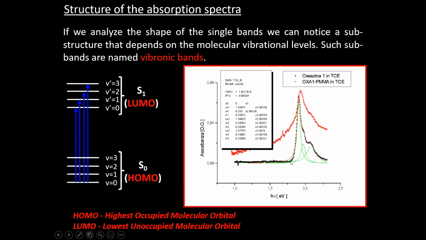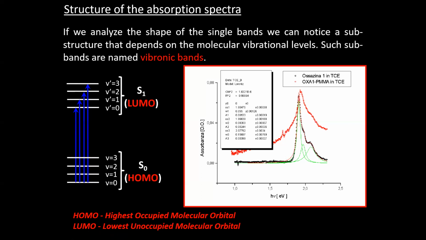As soon as you reach a certain energy for this molecule, you see that the absorbance increases and there is a peak situated here. But if you look carefully at this absorption spectrum, you will see that there is another maximum here and there is another maximum here. So absorption is constituted by several peaks.